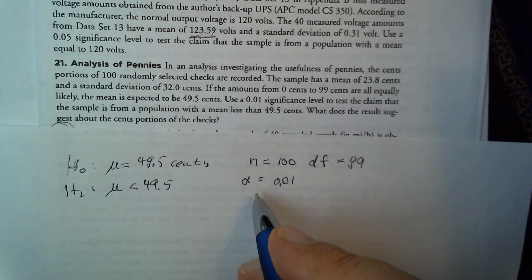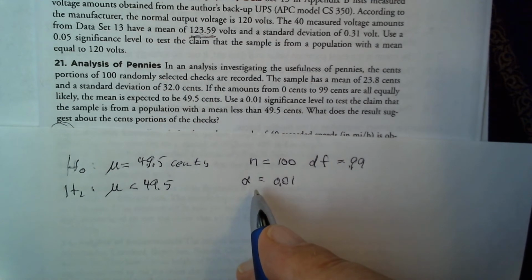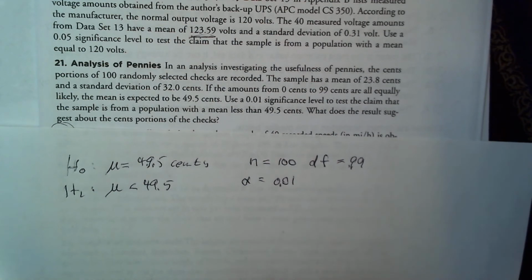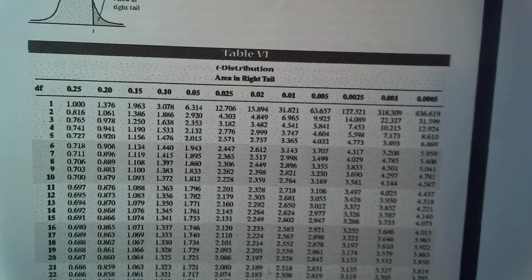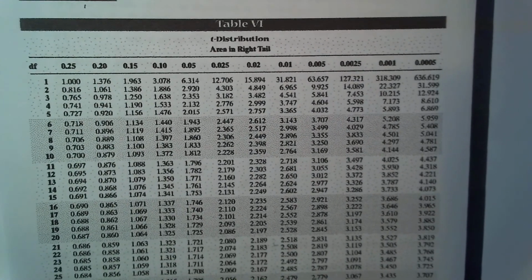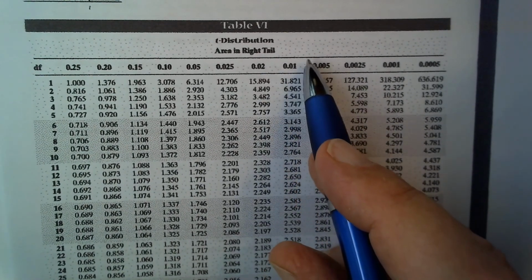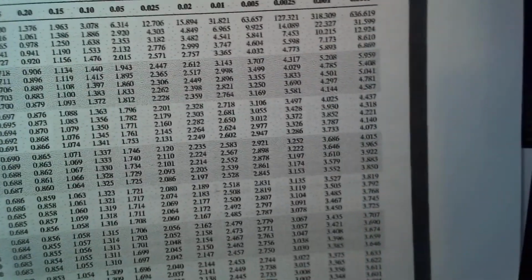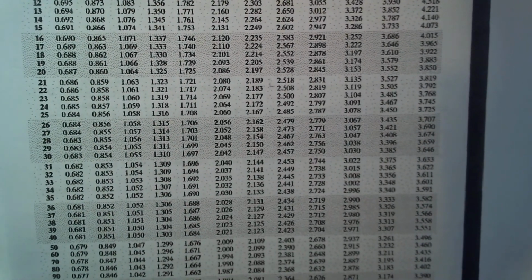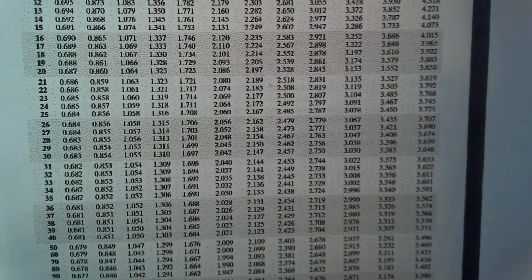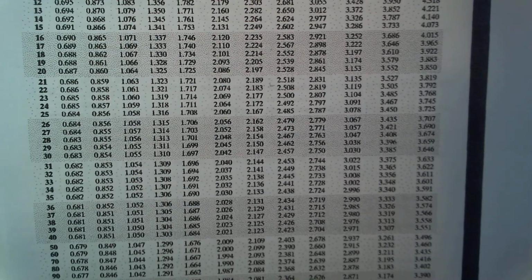And so our critical value, when we use our tables or technology, either way. When we use our table, 0.01 for alpha, and then we go down to, well, we don't have 99, but we have 100, so we come up with 2.364.